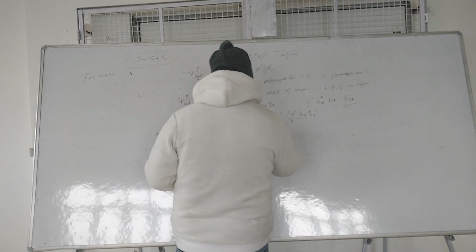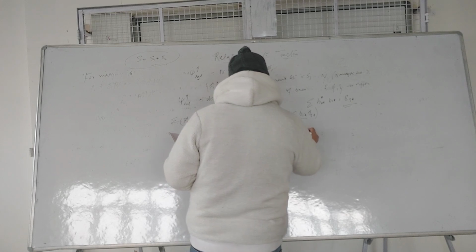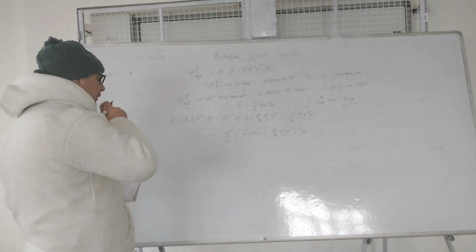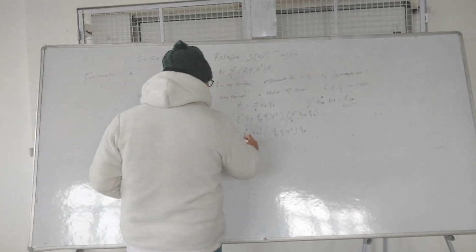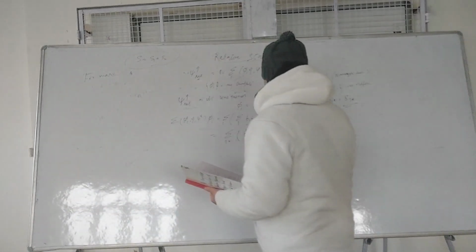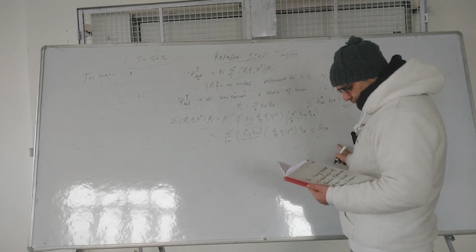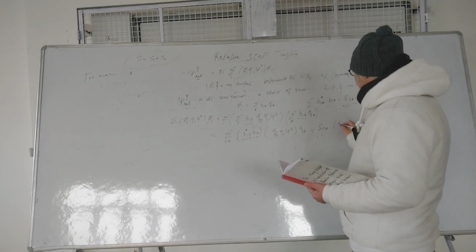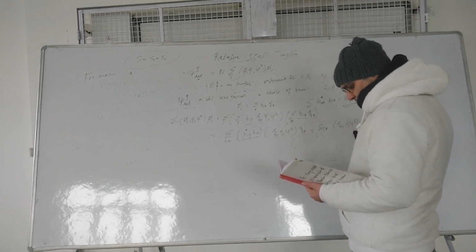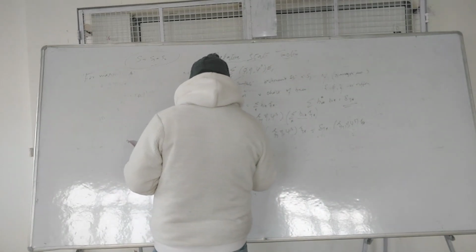To prove the uniqueness as a condition, you can say this is basically delta jk.